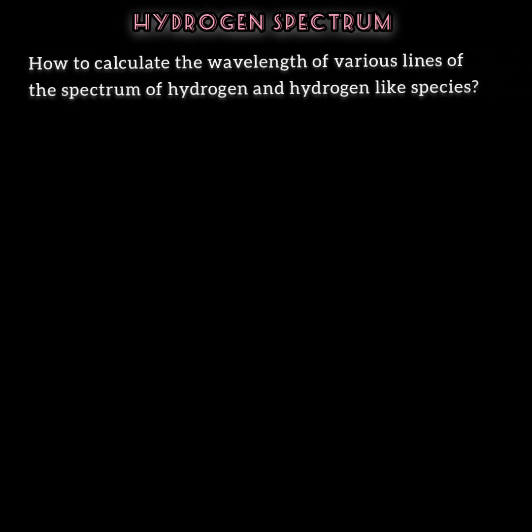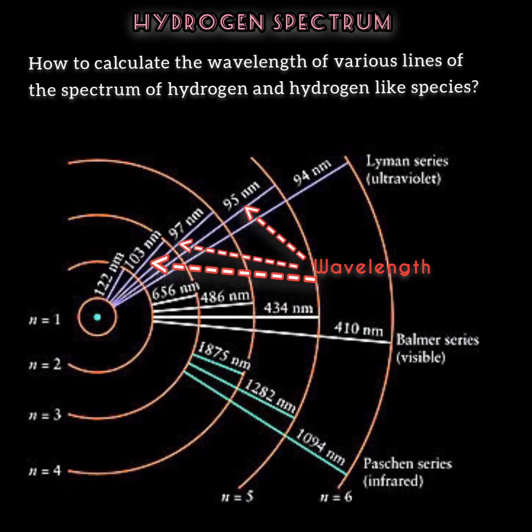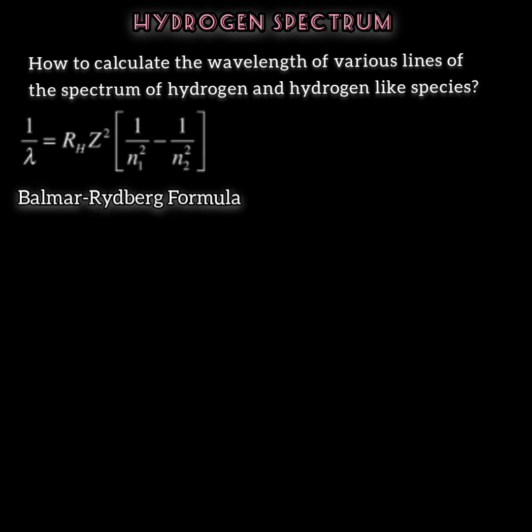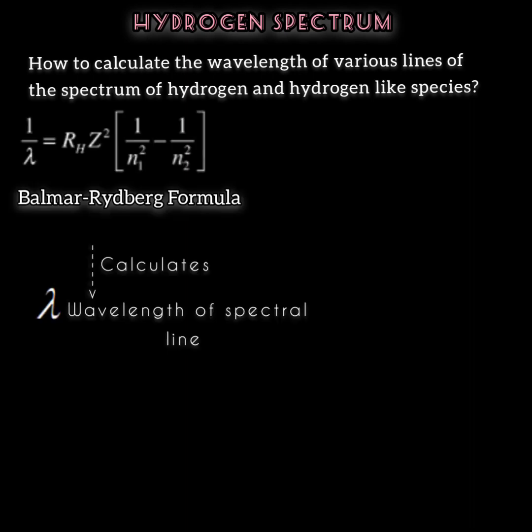How to calculate the wavelength of various lines of the spectrum of hydrogen and hydrogen-like species? By using the Balmer-Rydberg formula, we can calculate the wavelengths of a spectral line in any chemical element.